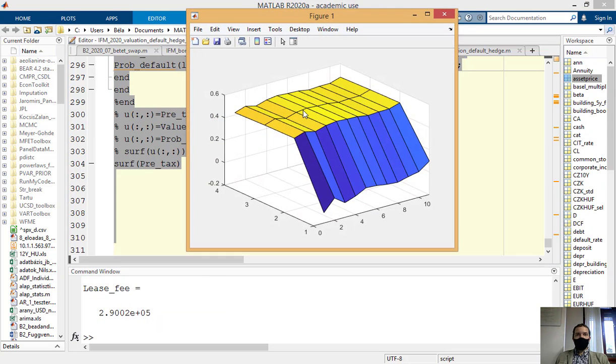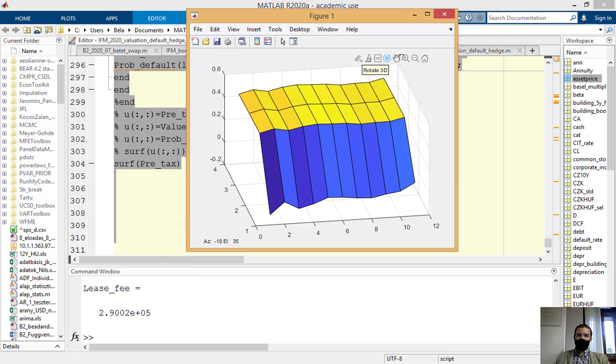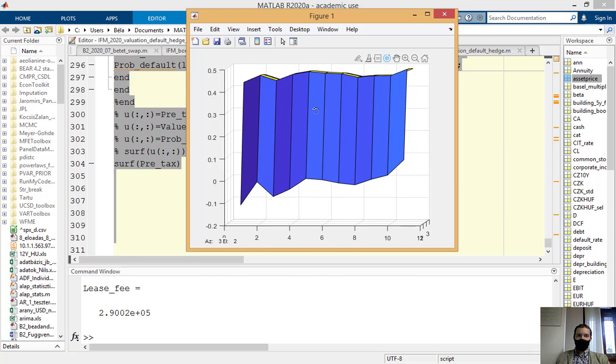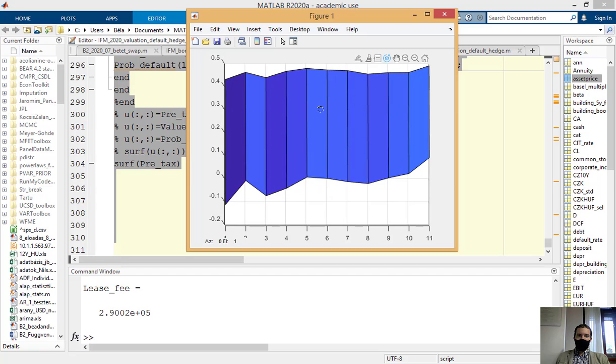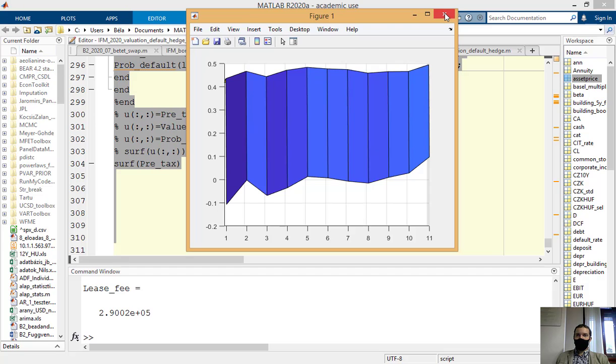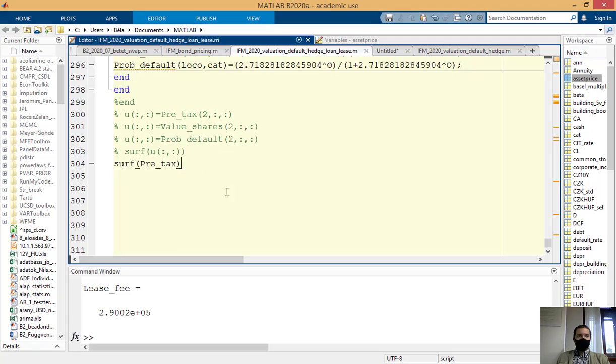Yeah. So now we can see this familiar picture, which is three-dimensional, but for some reason it's okay, now it's moving. Okay, it's familiar for us, so it shows us that as time passes, we get higher profit because of the depreciating forint. And yeah, so it's okay, it works.